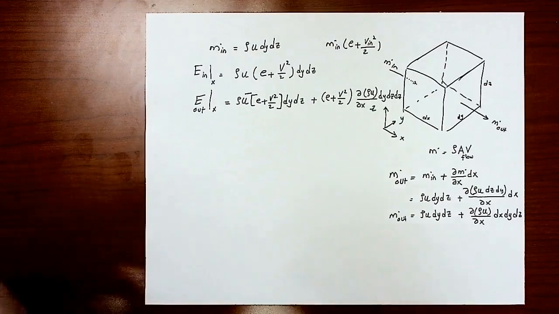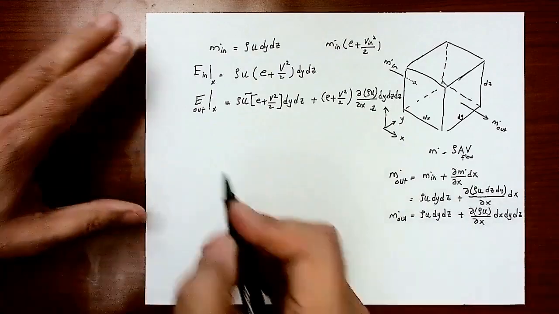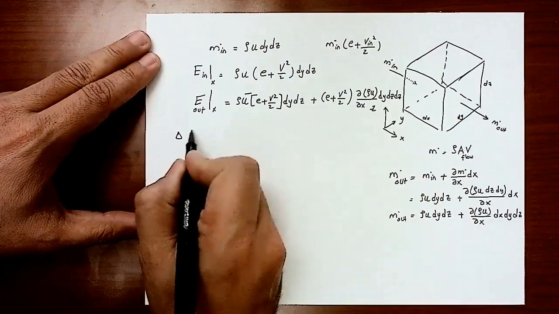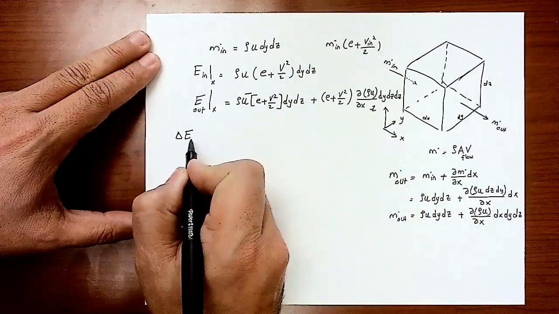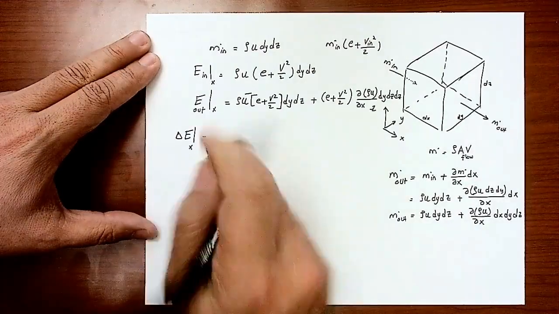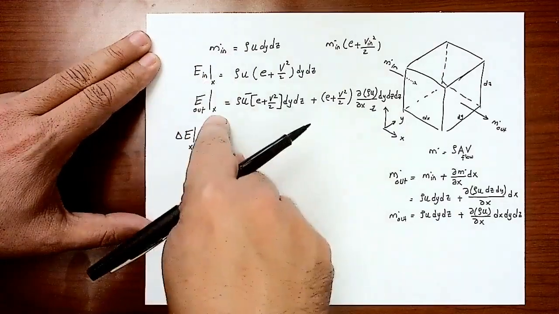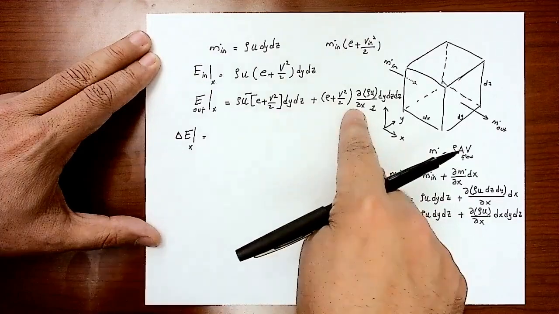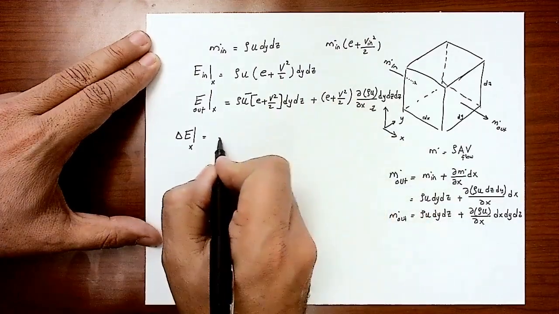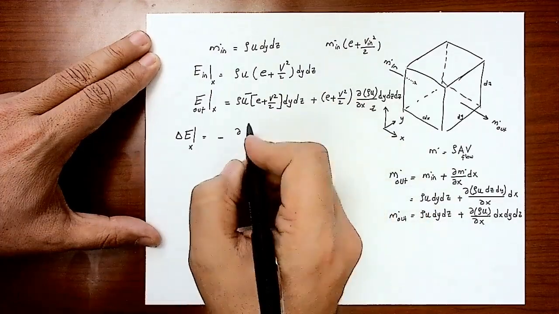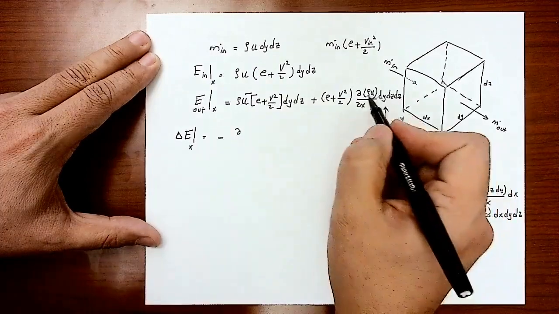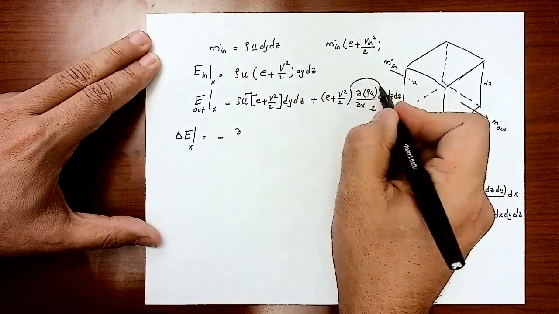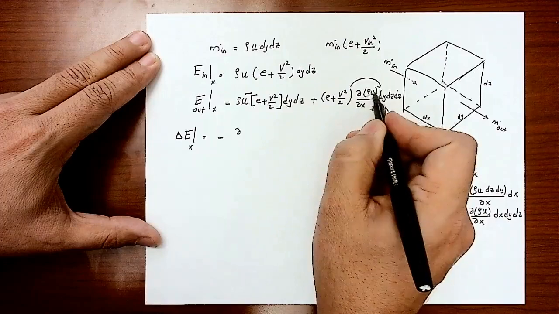So if I want to get the net energy between the in and out, the change in the energy in the x direction should be the difference between them. If you get the difference, you'll find this term will cancel out, and I will get this term in a negative value. So I will end up having minus partial. Remember, the mass has to be multiplied by the energy, so this should be inside the derivative.